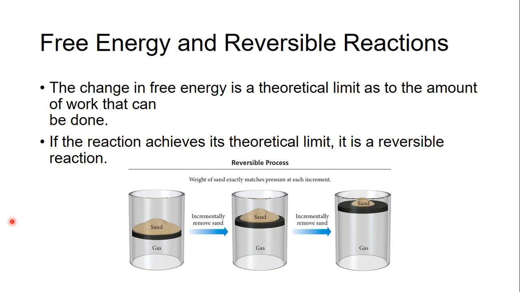And so let's take a look at this reversibility and free energy principle. To do that, we're going to have sand that's above gas, and this sand is being held up by the pressure of this gas, and right now they're in balance. What happens if you remove one grain of sand? The pressure is going to raise up that platform by a certain amount.